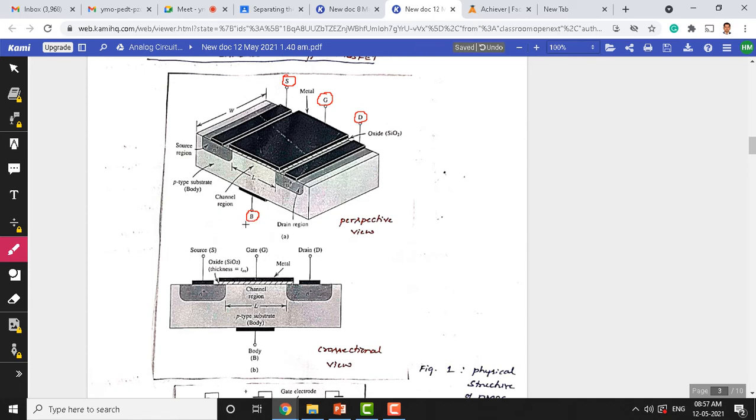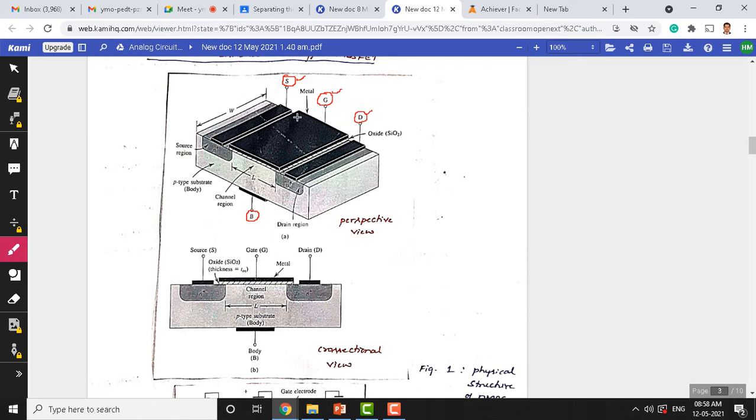Though we say MOSFET is a three-terminal device, in fact, if you look in more detail, MOSFET is a four-terminal device. Most of the time, the body terminal or bulk terminal B is suppressed because we short circuit source and body, or source and bulk. Therefore, we ignore the fourth terminal. Commonly used terminals are source, gate, and drain.